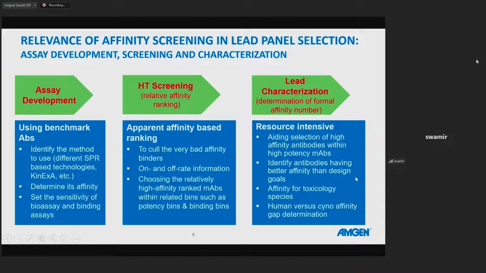We will also do affinity characterization on the tox species. In general, most of the time we determine affinity for both human and cyno to determine the gap, so that we could use it as the preclinical model.